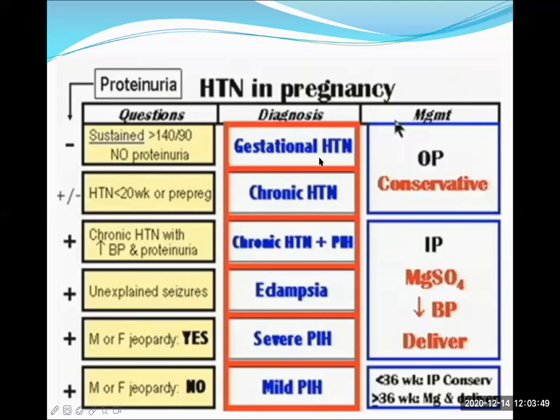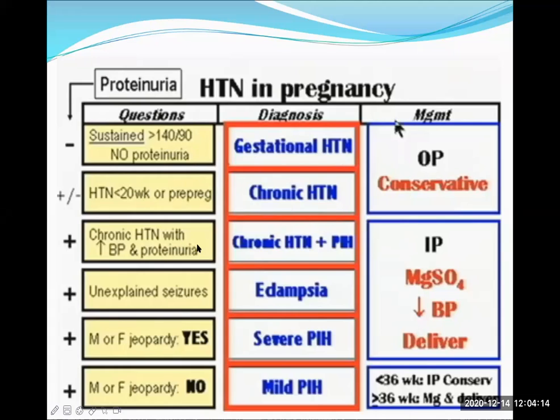So if somebody asks you what gestational hypertension is, just confidently answer like this. And it usually occurs after 20 weeks of gestation. Now, chronic hypertension is hypertension before 20 weeks or even prior to the pregnancy. Every student is confident about this.